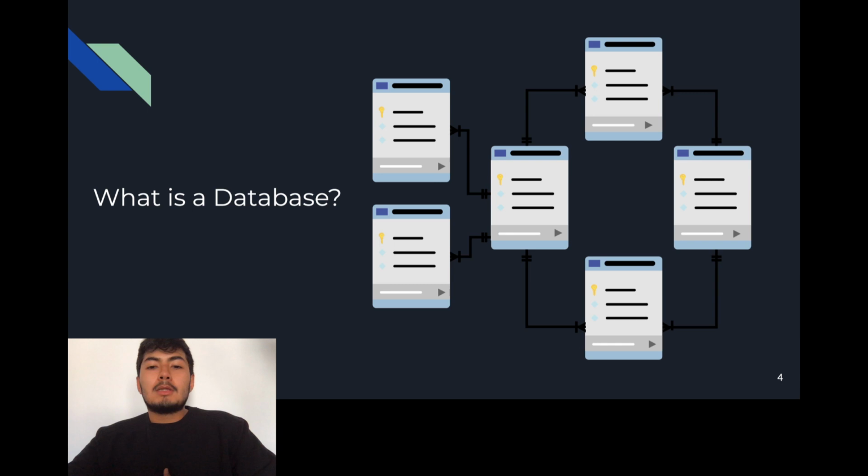First of all, we need to know what a database is and what its importance is. Databases are a fundamental element in the computer environment today, and they have different applications in virtually all fields.